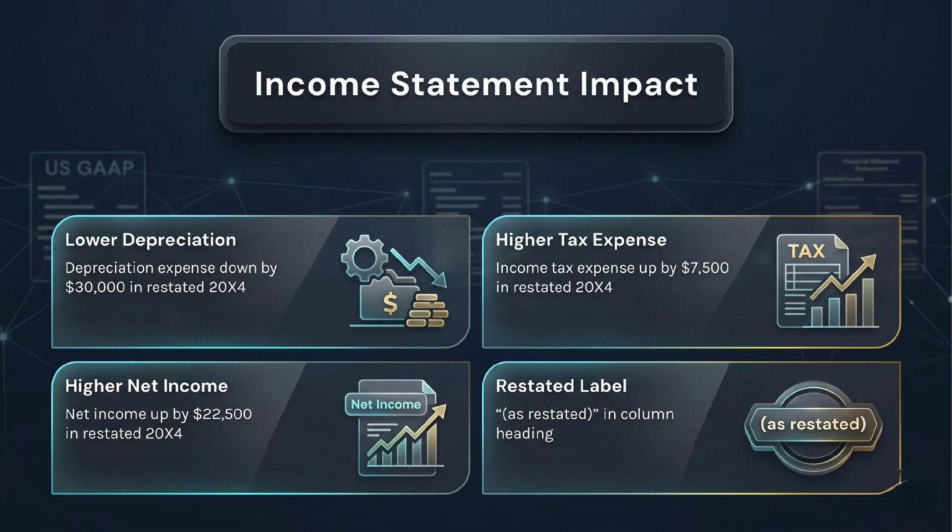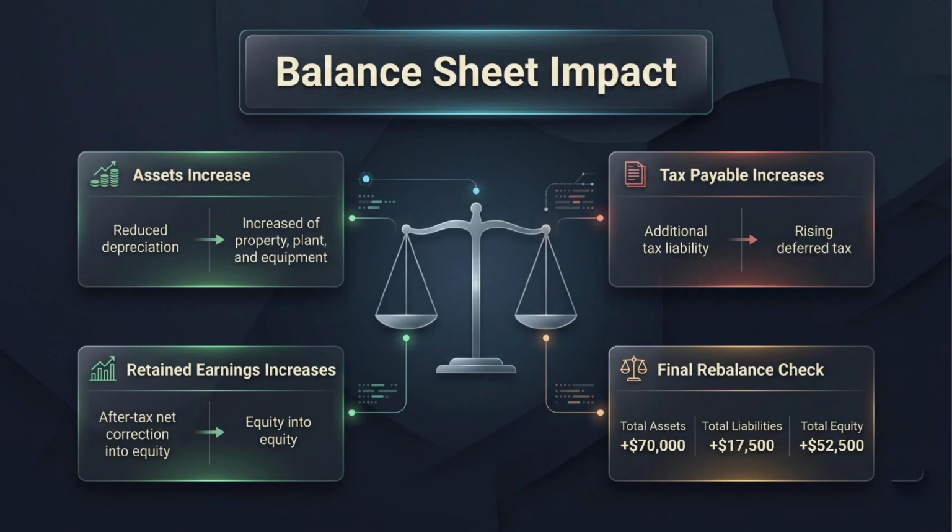When users compare 20x5 with restated 20x4, they compare the current year against corrected prior year information, not against numbers known to be wrong. The balance sheet must also balance after restatement. Accumulated depreciation is reduced by the total 2-year overstatement of $70,000, so assets increase by $70,000.